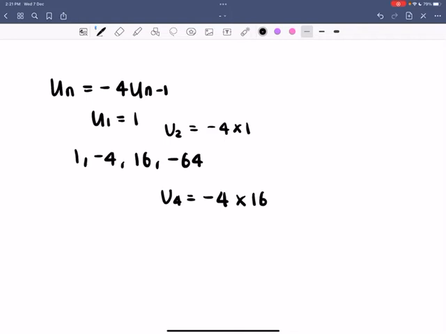And the last one would just once again be -64 times -4, which, let me do this really quickly, is 256. There you have it.